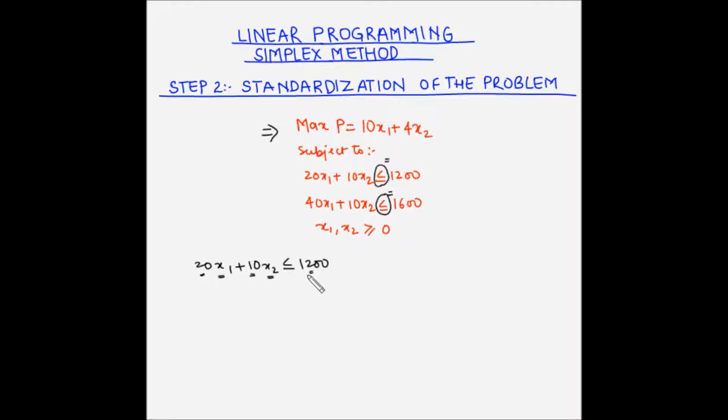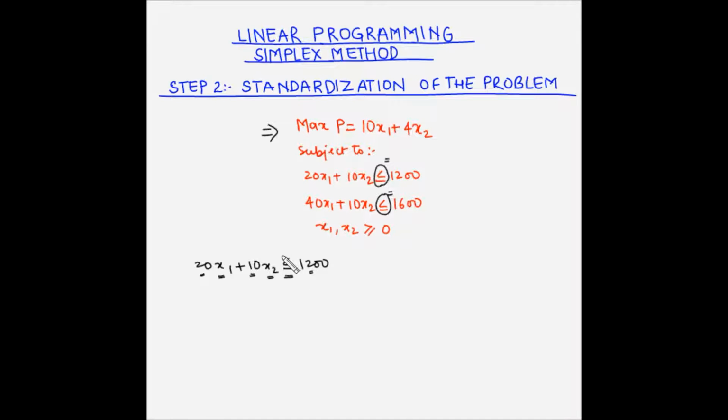Now what this constraint means is that the total time taken by gears of type A and type B in the blanking shop is less than or equal to 1200 minutes per week.